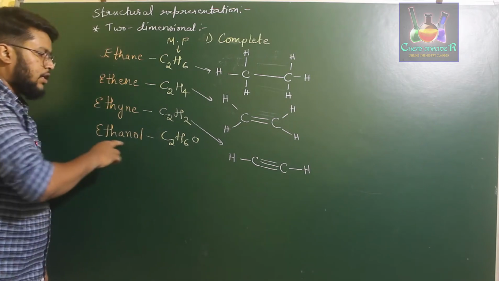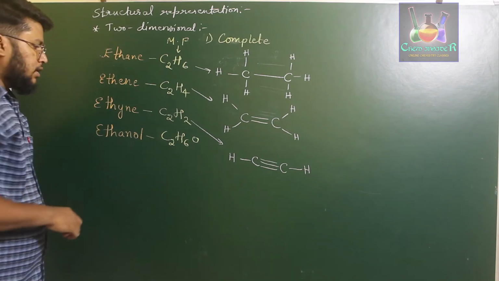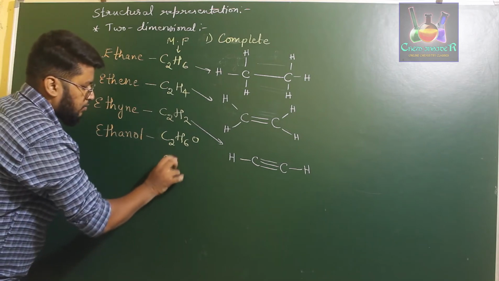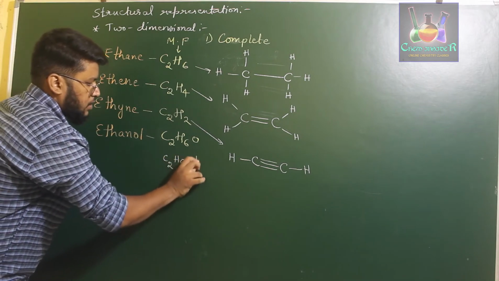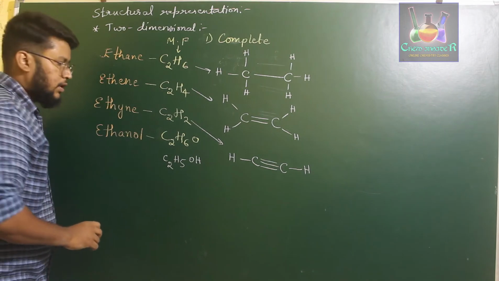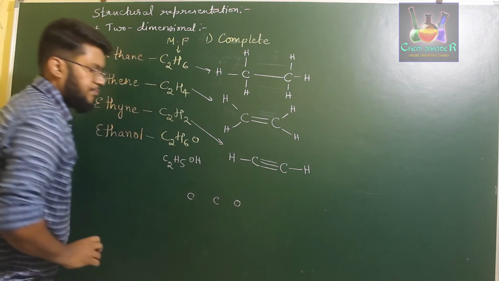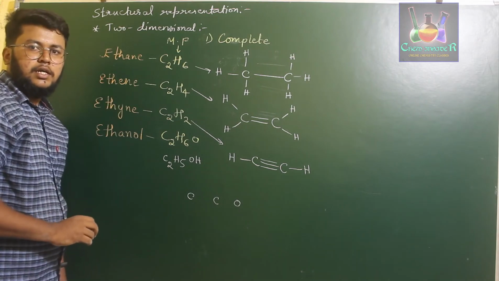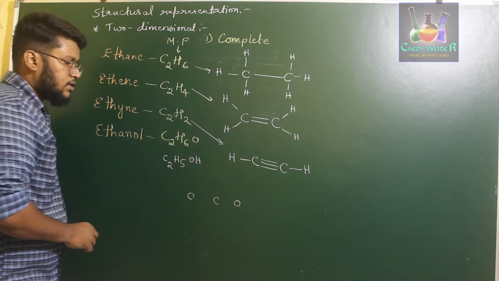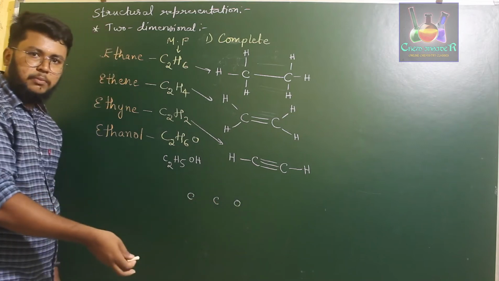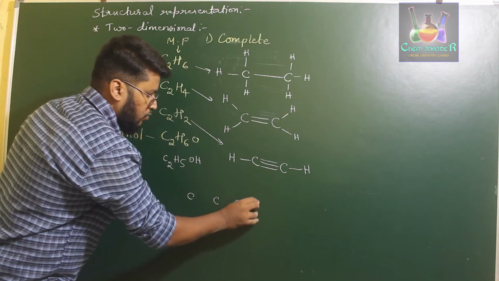Now if you consider ethanol molecule, this is nothing but a C2H5OH type of molecule. So here this can be written as CCO. Okay, this can be written as CCO. First, oxygen is always present in the terminal position. It should be attached with 1 hydrogen.